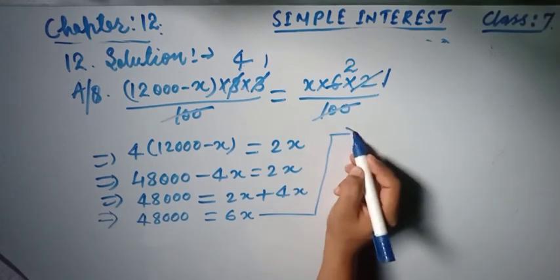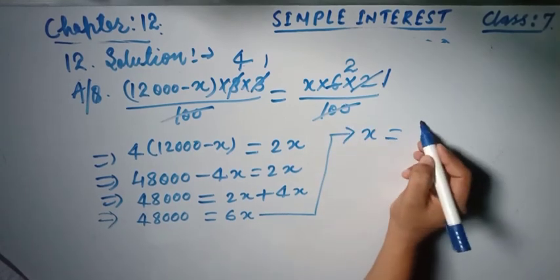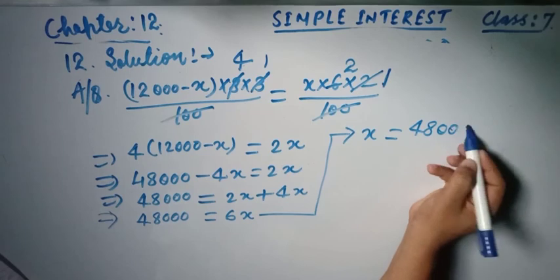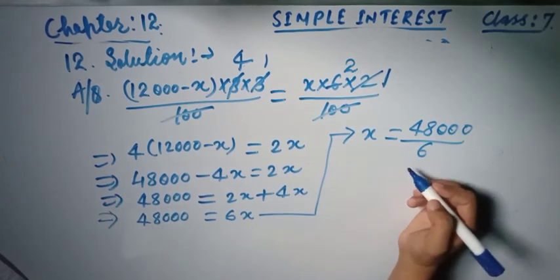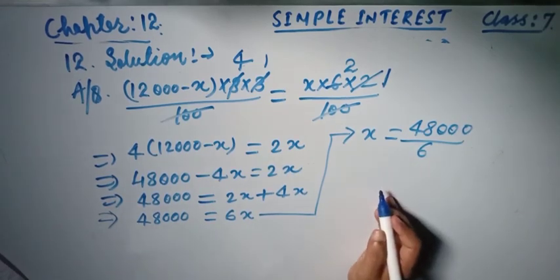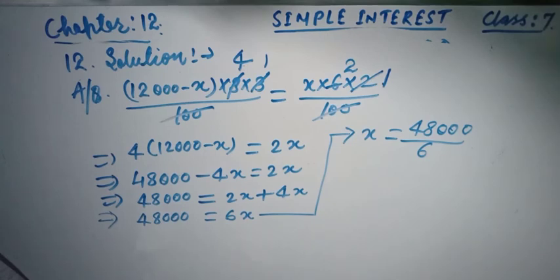Now here friends, X is equal to 48,000 divided by 6. Now we can find out the value of X very easily, friends.